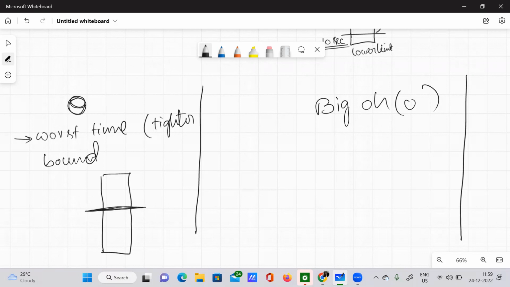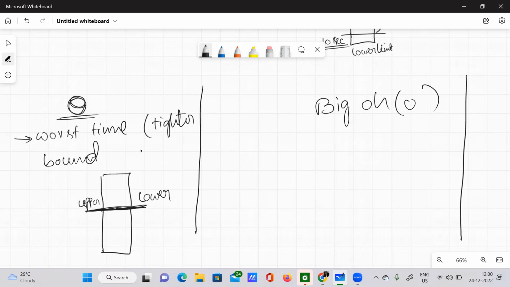For example, this bar would act as my upper limit or upper bound, and this bar itself will also act as the lower bound or lower limit. So my upper bound and lower bound will be the same. If I consider this theta notation, my upper limit and lower limit will be the same one, right?